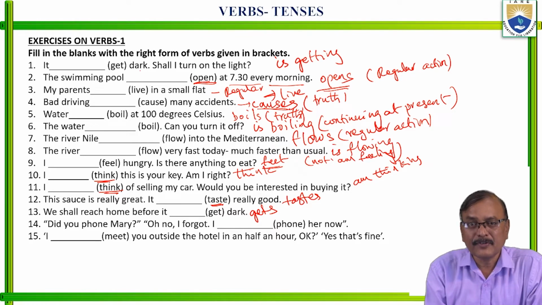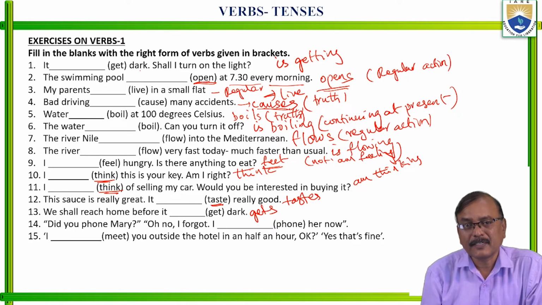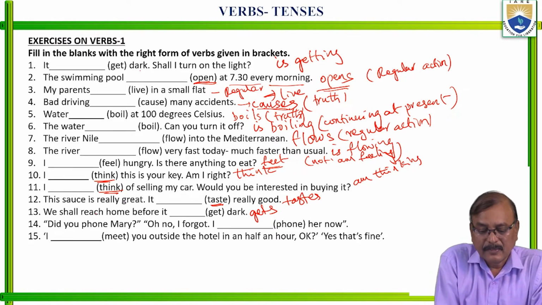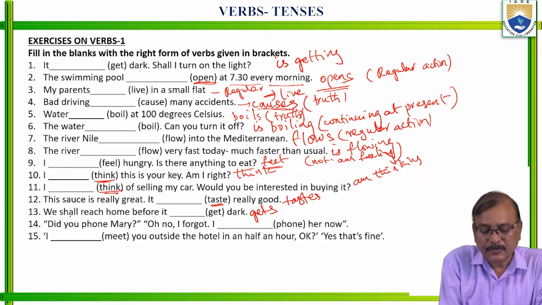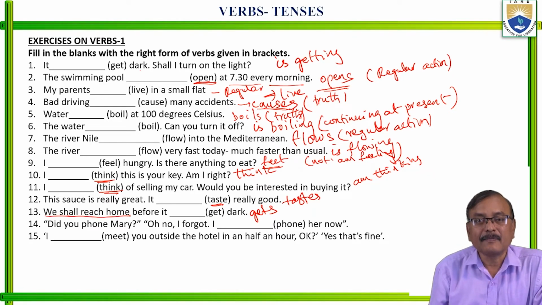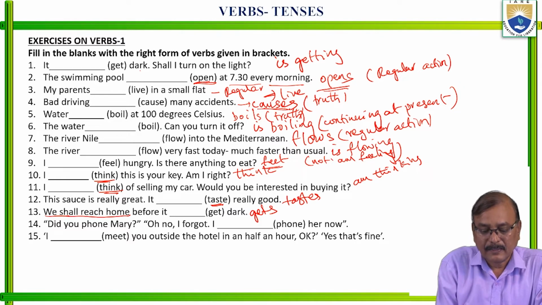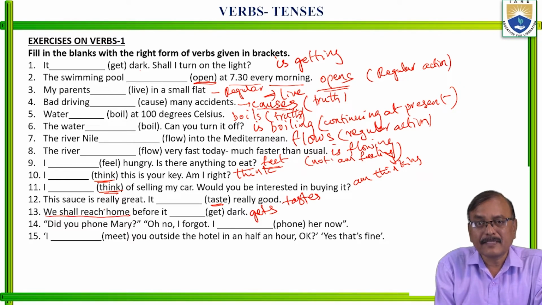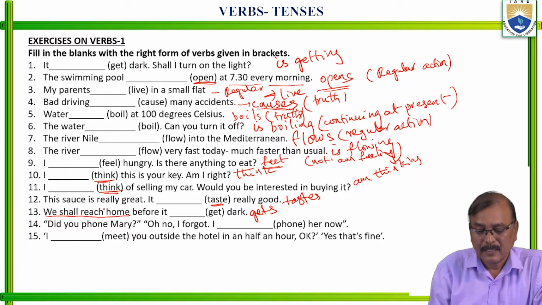Then where to use the future tense and where not to use it? See here: we shall reach home. It has complete meaning. That which has complete meaning is called the main clause. Now see, before it gets dark.